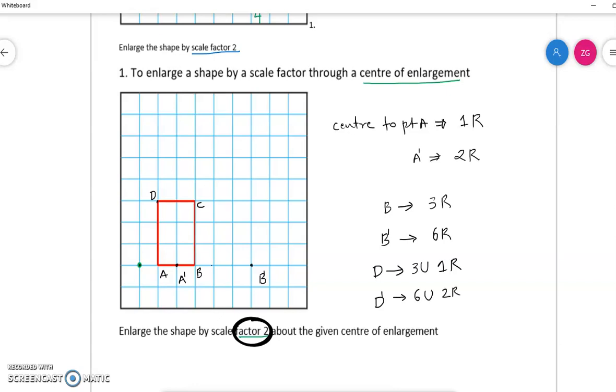You need to multiply by 2 to get to the new position. Now let's locate our point D dash: 6 up from the center, so 1, 2, 3, 4, 5, 6 up and 2 right, 1, 2. Here is my point D dash. Locate your point D dash here.